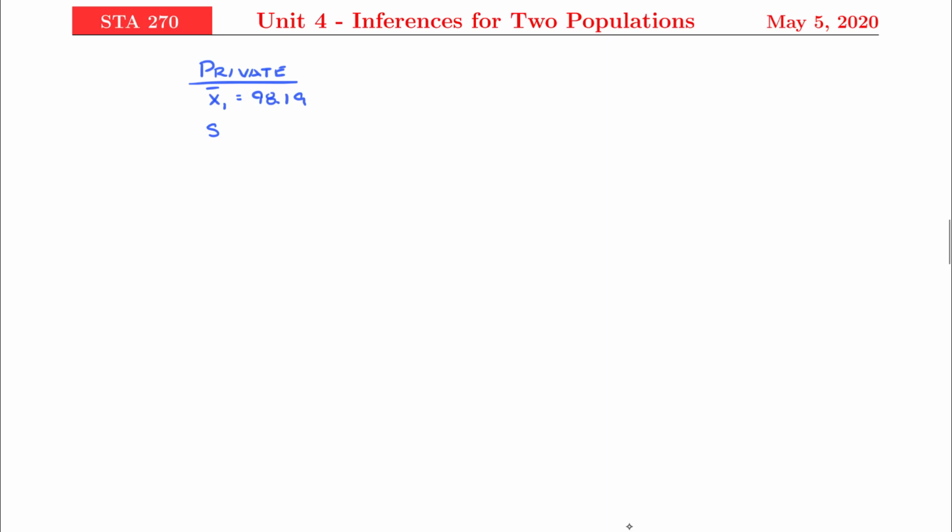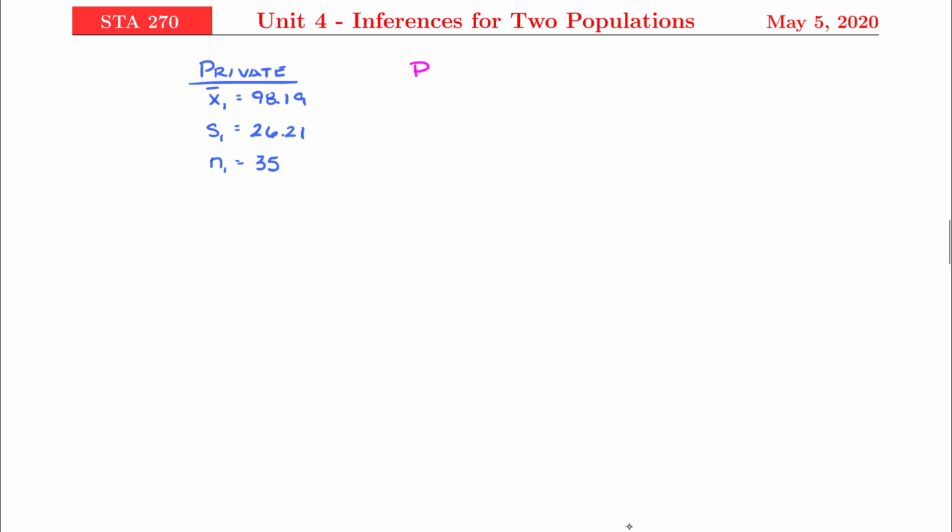We have the sample standard deviation for the private institutions is 26.21. And we also know that the number of data points in the sample is 35.